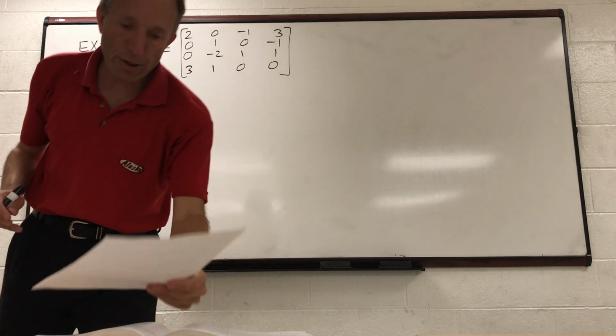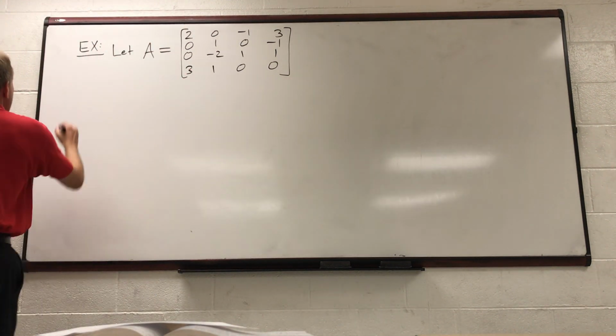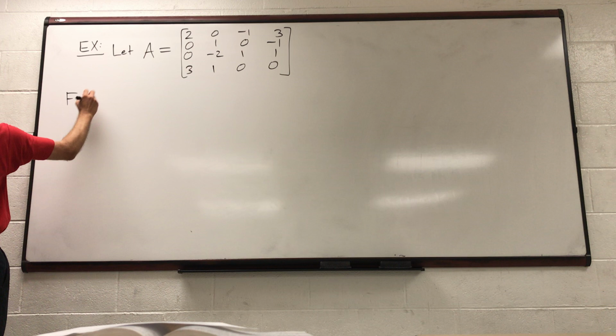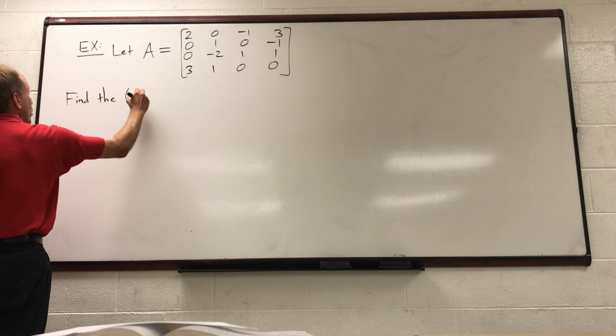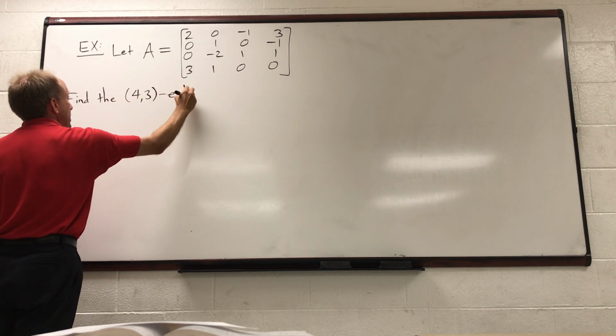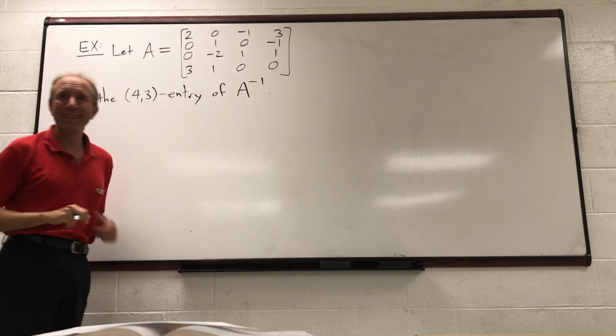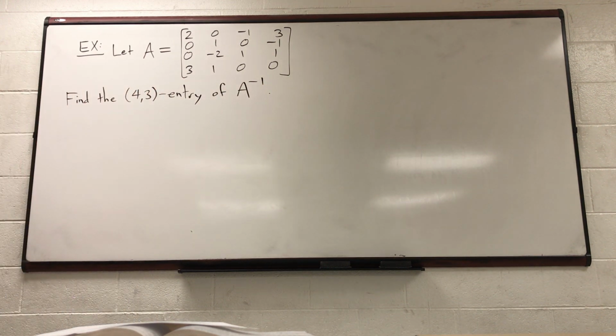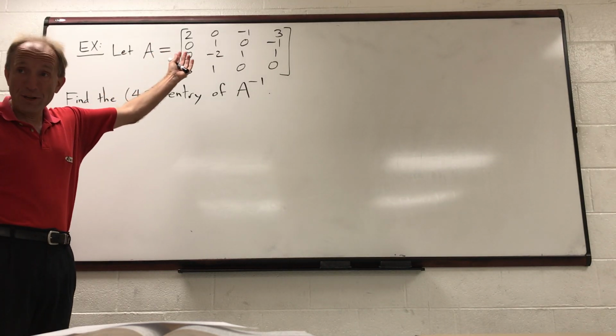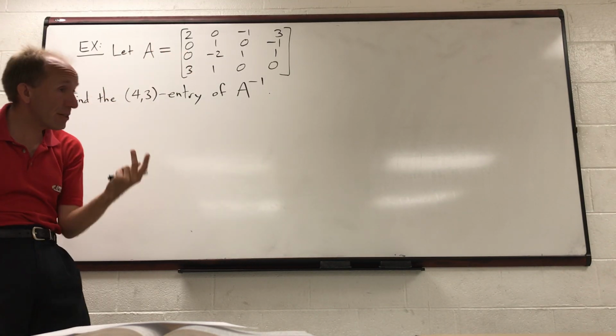If we take that matrix, let's find the 4, 3 entry of A inverse. There are 16 entries in this matrix. We're not being asked to find all of them.